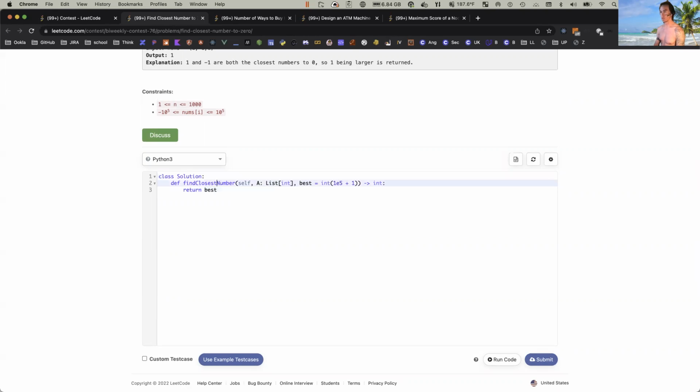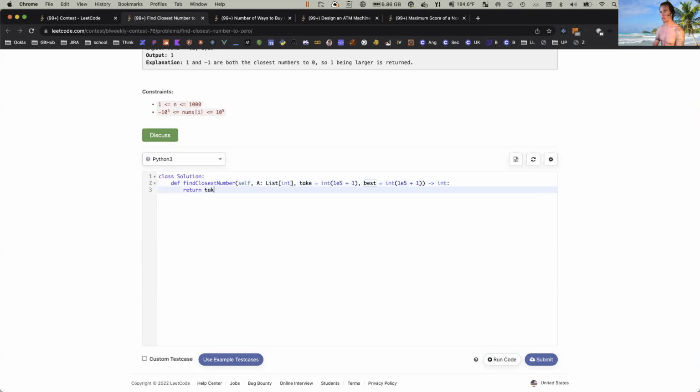Return best. Oops. Take equals 25 plus 1. That works, right?